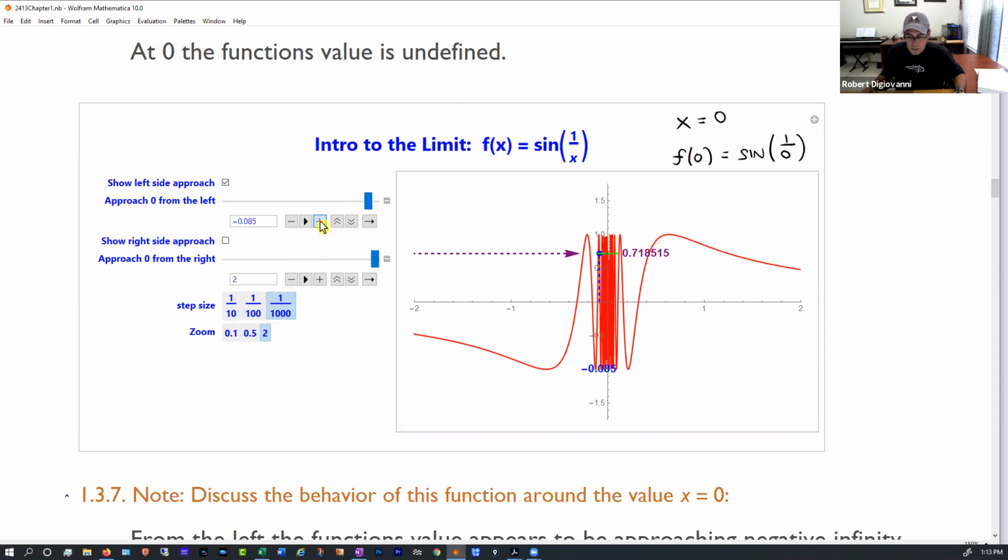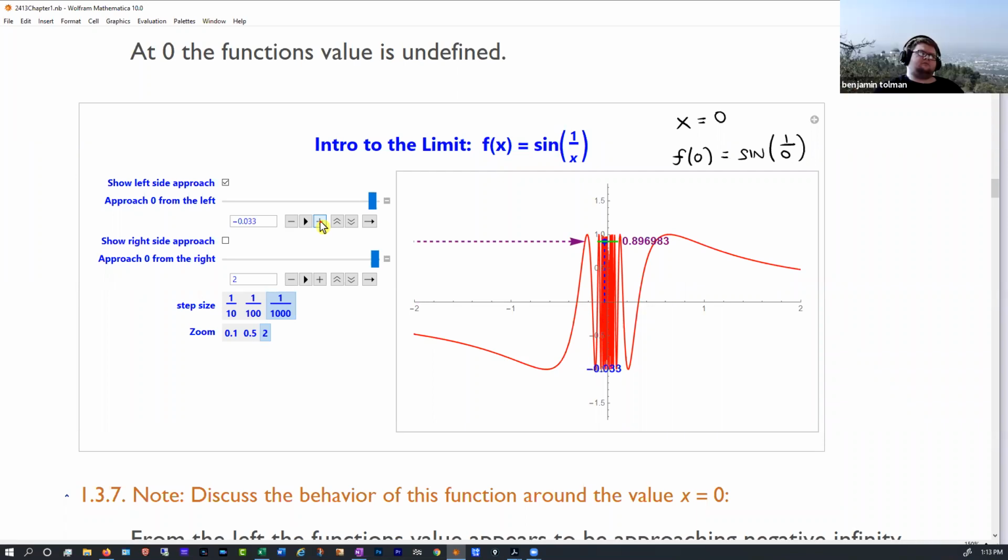It goes up to 1, but wait a minute, it's going to go back down and then back up and back down and back up and back down and back up. Is that approaching a specific value or is it fluctuating? Fluctuating. It's fluctuating, right? And so from the left, I can say that it's not approaching a specific number. It just keeps going back and forth, right?